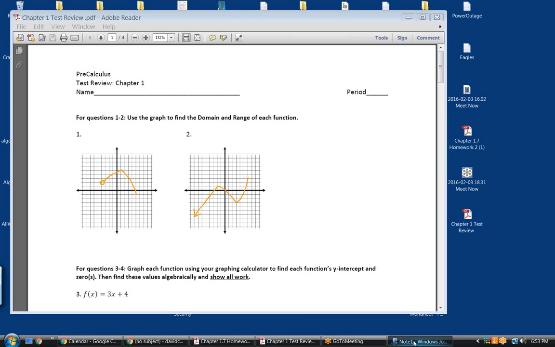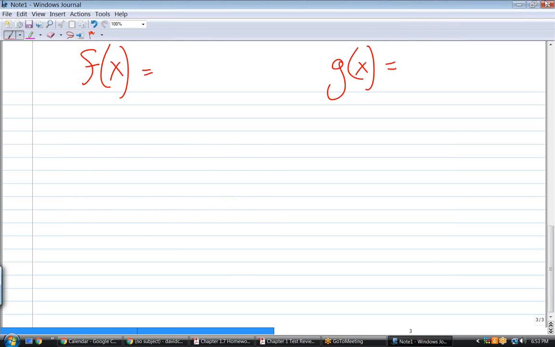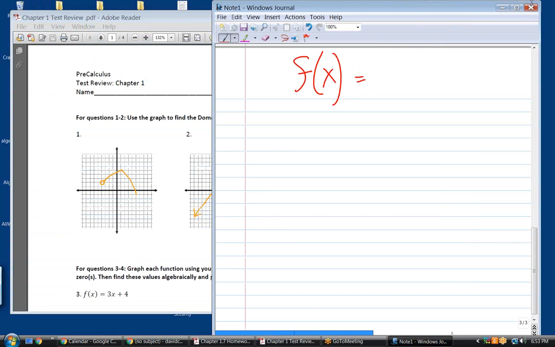Are you familiar with interval notation? Yes, with the brackets. So what's the interval notation for this domain? Actually, it's open paren on the negative side because that's an open circle. And it's a bracket on the positive side because that is a closed dot.